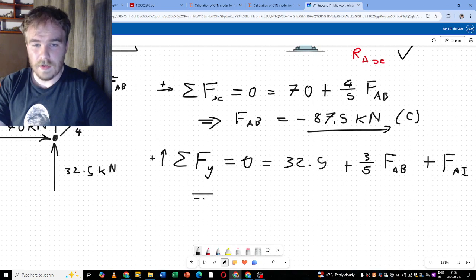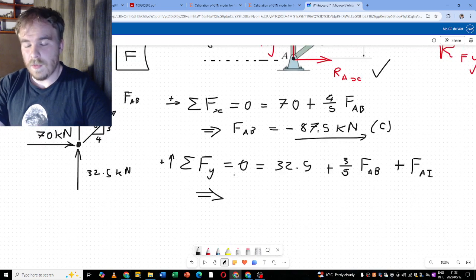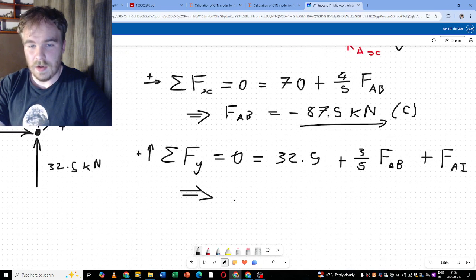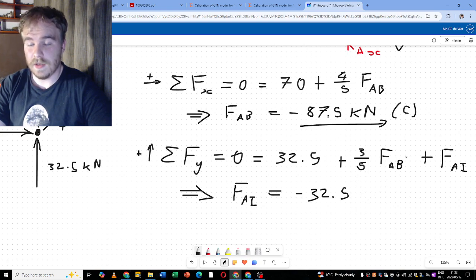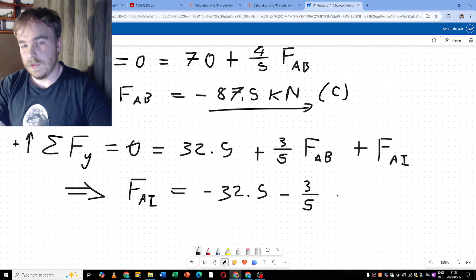Okay, then the way we go about this one is we need FAI alone, and it's already positive, so we keep it on the same side, and we move these two to the other side of the equation. Then we get negative 32.5, and we sub FAB into that unknown we have over here. So then it is also negative 3/5, and this is really important to keep on checking your signs, times negative 87.5.